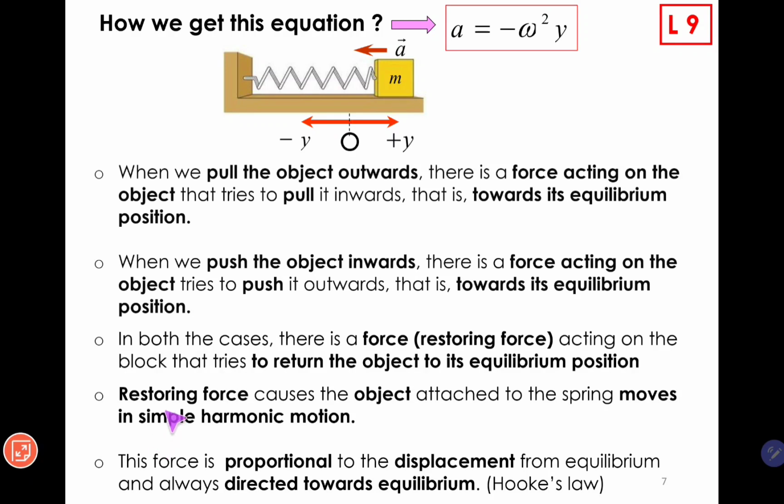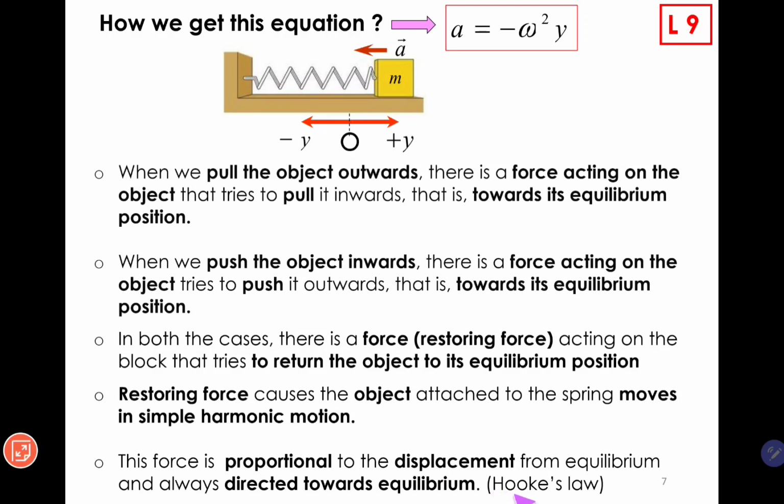The force stored in the spring, which we call the restoring force, is proportional to the displacement from equilibrium and always directed towards the equilibrium. As we discussed before, by pulling to the right, the force is directed to the left, towards O. By pushing or compressing it to the left, the restoring force is directed to the right, still towards O. So the restoring force is always towards the equilibrium.